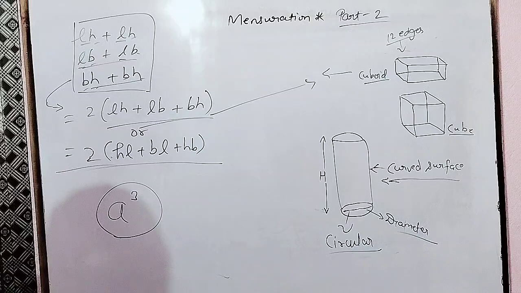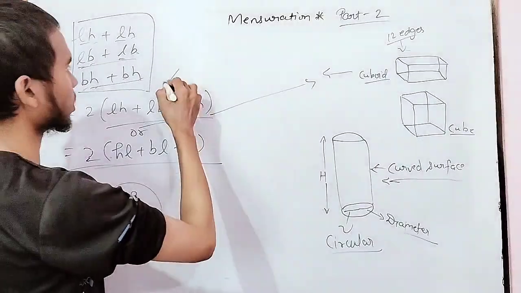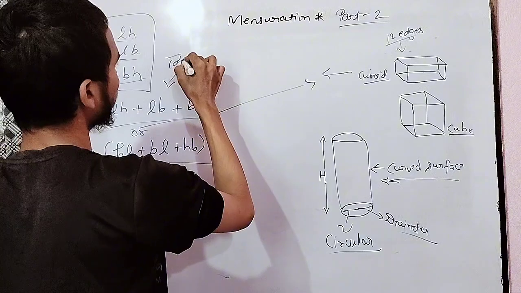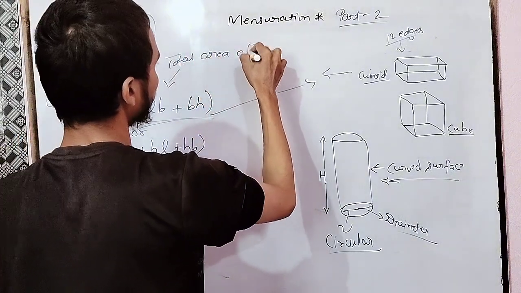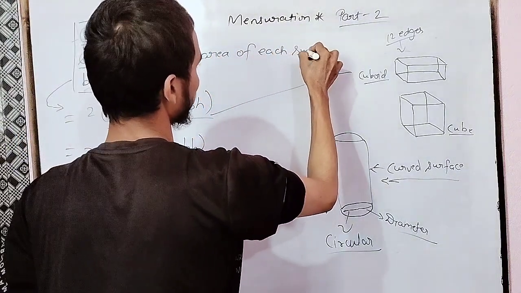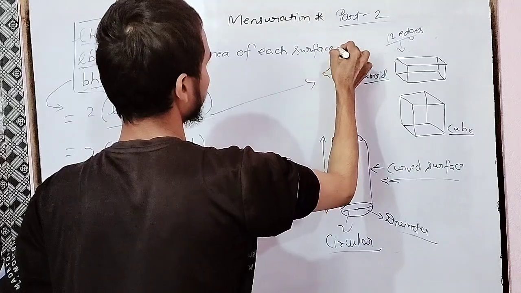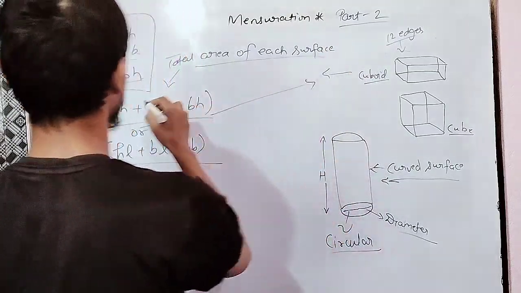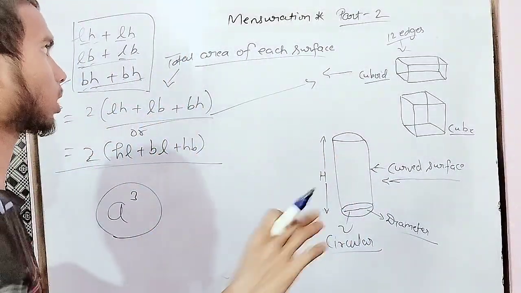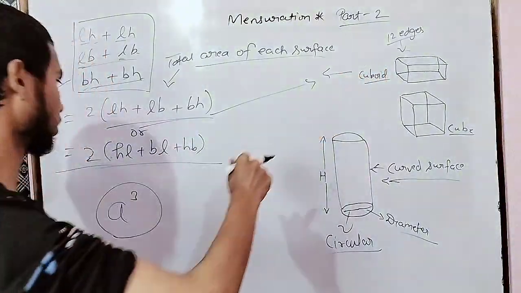When we say area, remember that here we are talking about the total area of each surface of the cuboid.